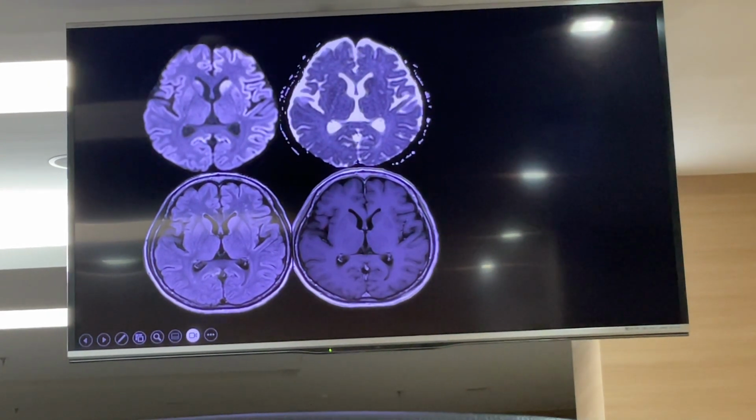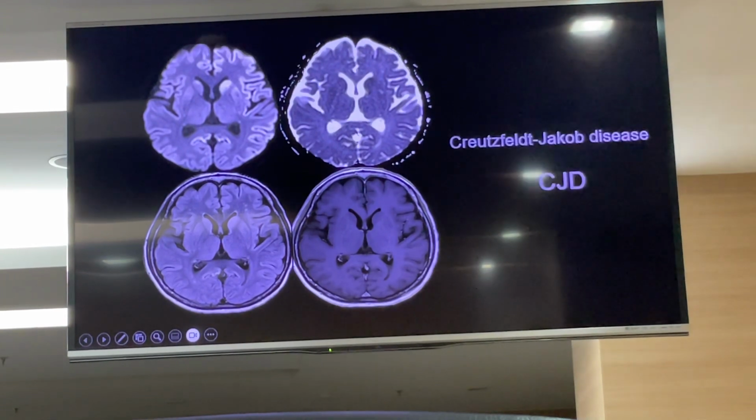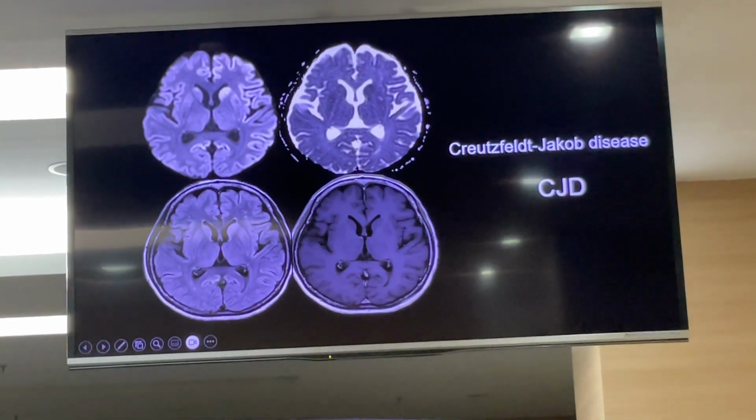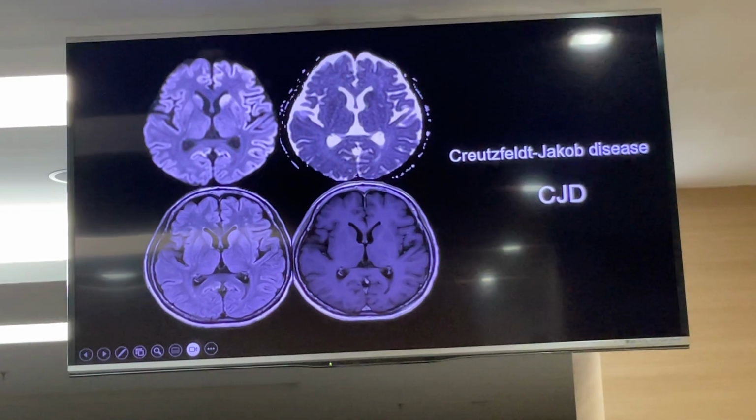It's not normal. This is Creutzfeldt-Jakob disease, or CJD.